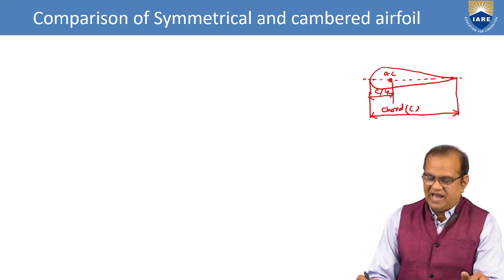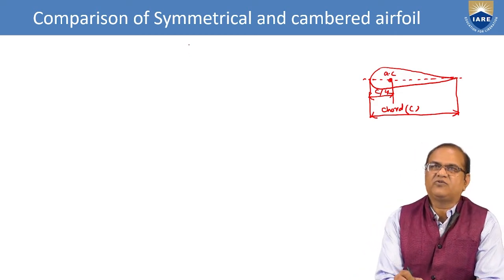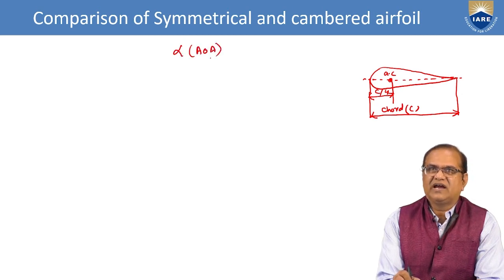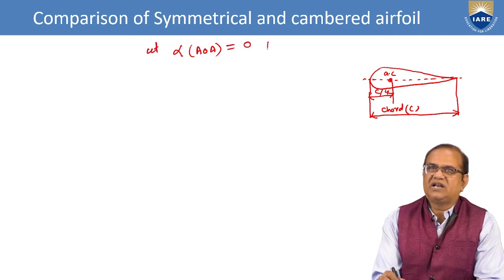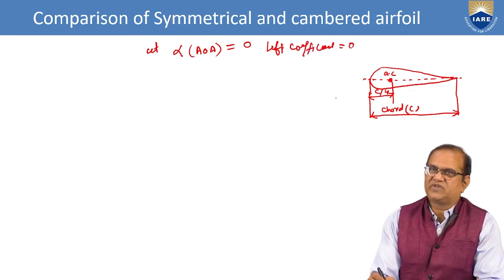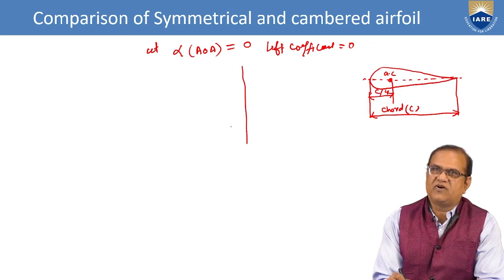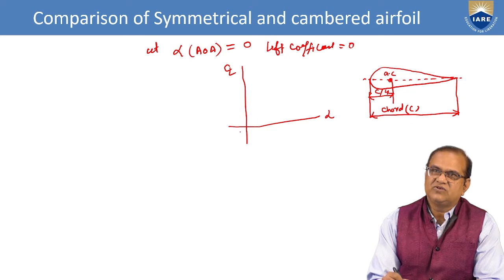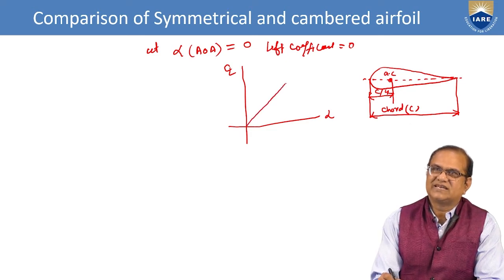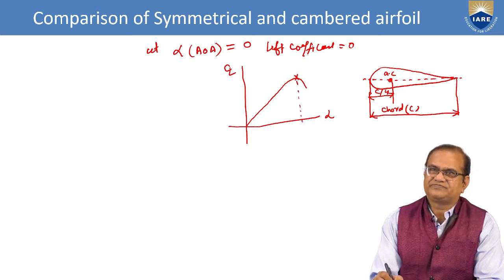In this symmetrical airfoil, at alpha, the angle of attack, equal to 0, the lift coefficient will be 0. If you draw the plot for CL versus alpha, at 0 it will go like this, and this is the highest point.